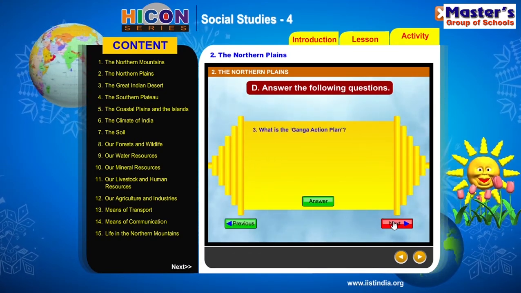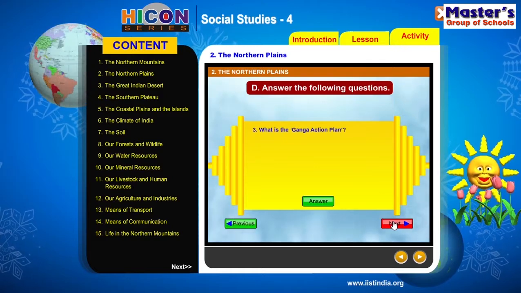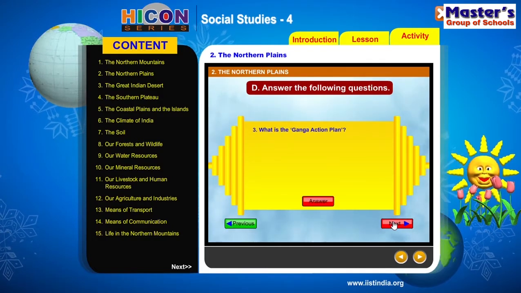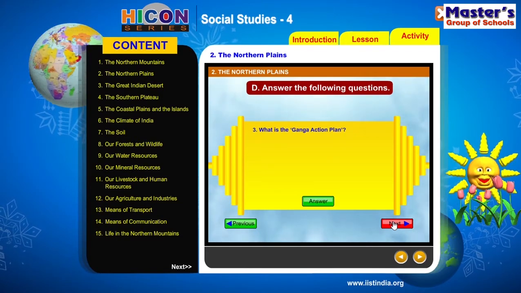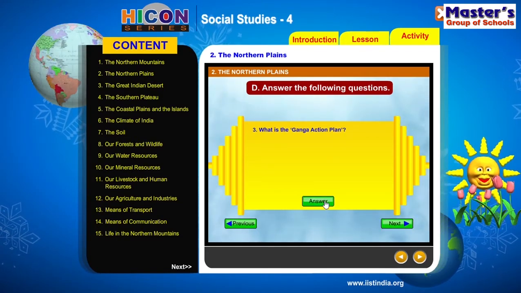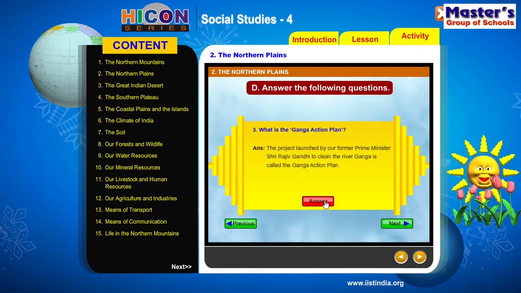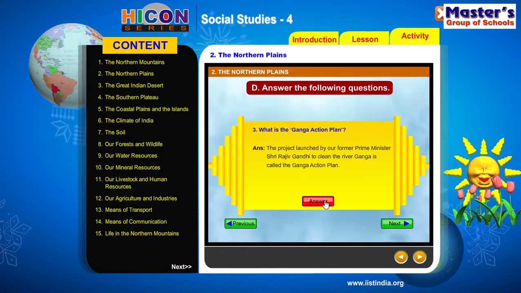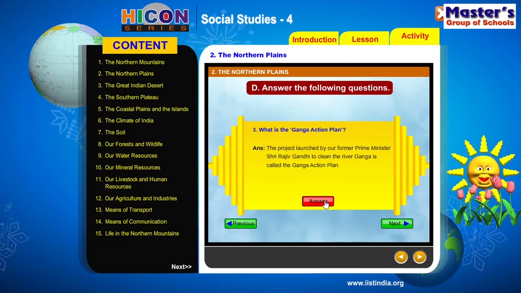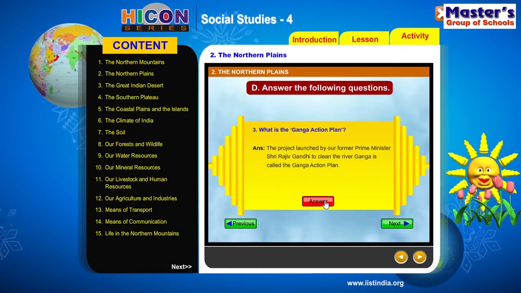What is the Ganga Action Plan? We have seen that the Prime Minister Sri Rajiv Gandhi had initiated the Ganga Action Plan. The project launched by our former Prime Minister Sri Rajiv Gandhi to clean the river Ganga is called the Ganga Action Plan.